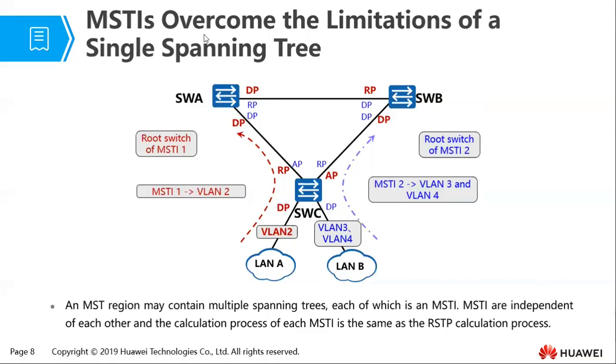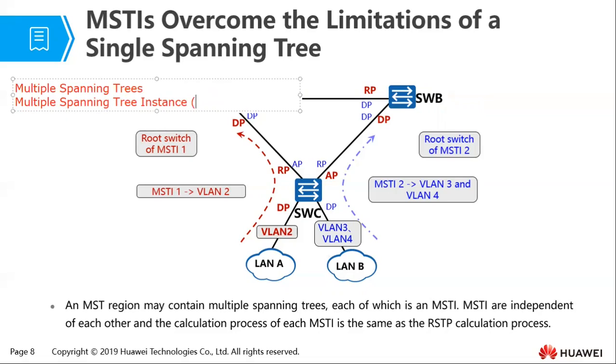While STP and RSTP use a single tree, MSTP uses multiple spanning trees, each of which is referred to as an MSTI, or a multiple spanning tree instance. So each tree is called an MSTI.